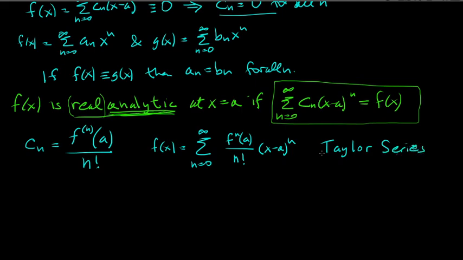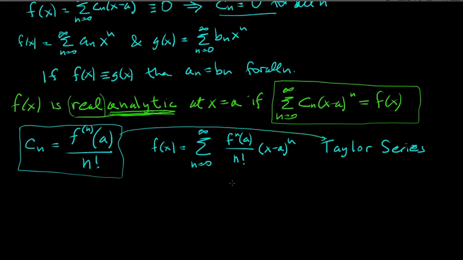So a Taylor series is just a very specific power series with these specific C's. Because in general, the Cn might not look anything like it. It has nothing to do with n factorial. The Cn's could be any constants. But if they're these particular constants, then it's called a Taylor series.